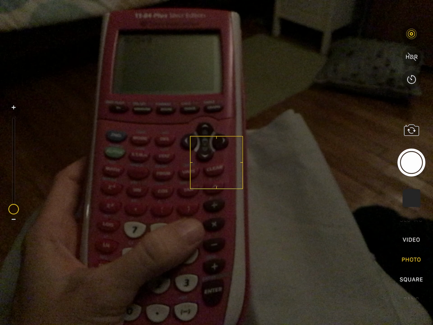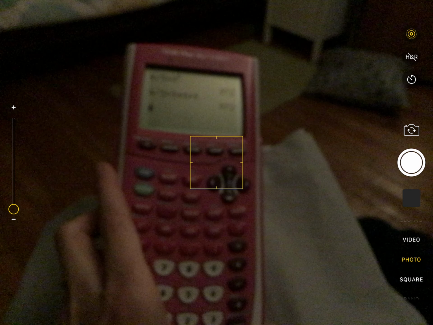I'm trying to get some decent light so you can actually see what I'm typing in. 4/3 times 9. Now I could just do times 9 times 9 times 9 because it's to the third power, but the caret button above my divide button is telling me to do it to the third power. And again, that's the same thing as 4 divided by 3 times 9 times 9 times 9. So you get the exact same answer.